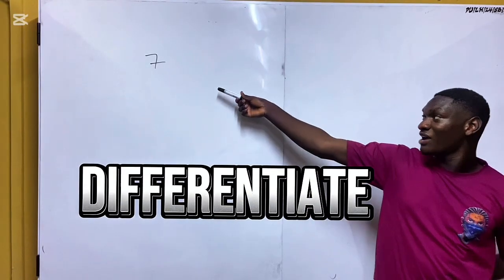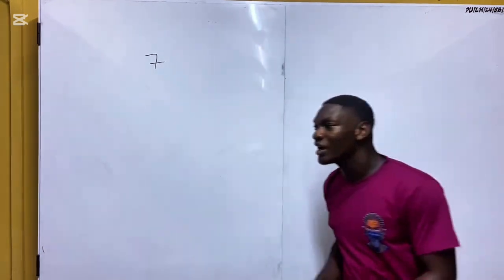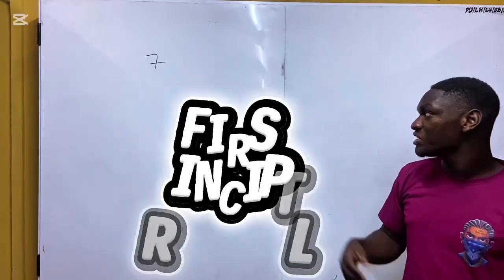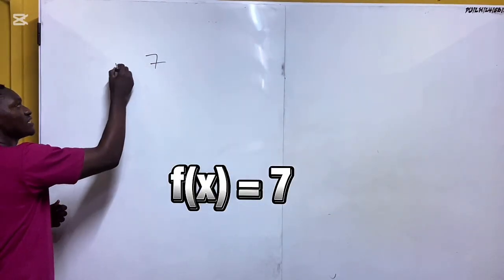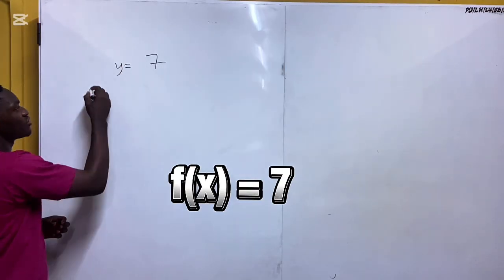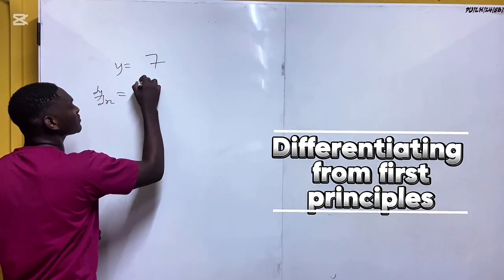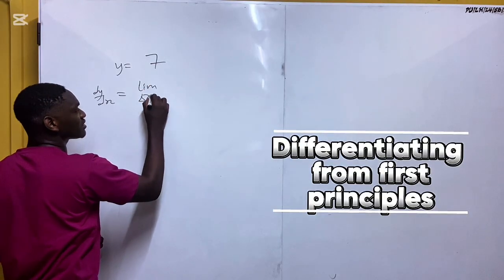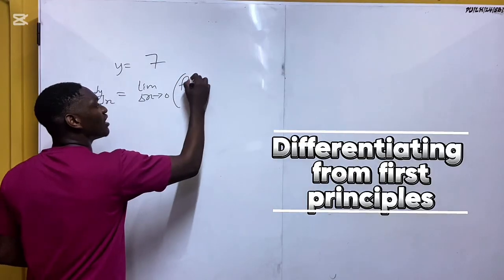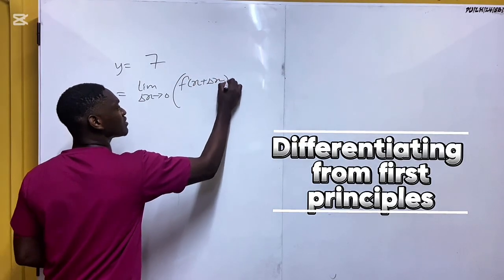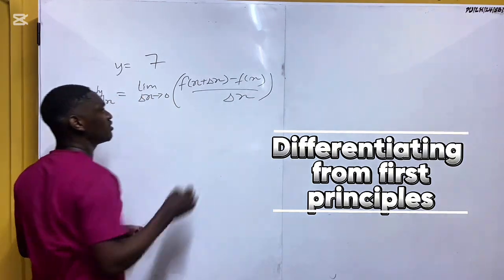Differentiate 7. Find the first derivative of 7. How do you do that? It's actually quite simple. You can either use the power rule or you can differentiate from first principles. So from first principles, you realize that our y is 7, or f of x is 7, so that dy dx is equal to limits as change in x approaches 0 of f of x plus change in x minus f of x all over change in x.